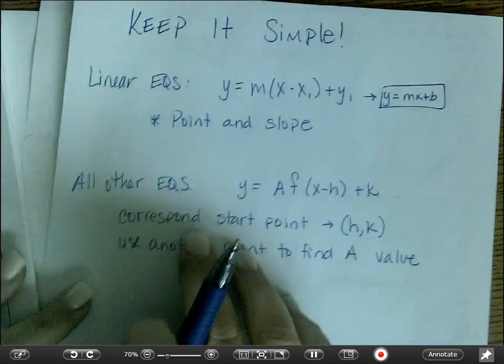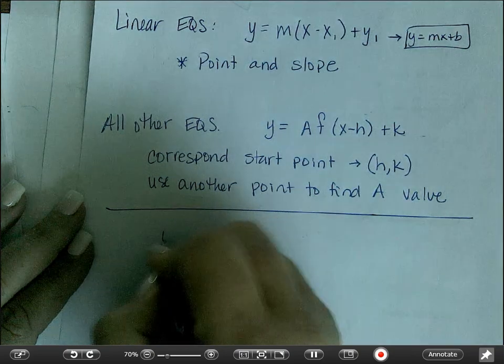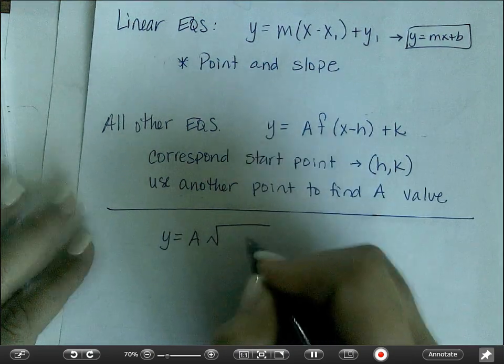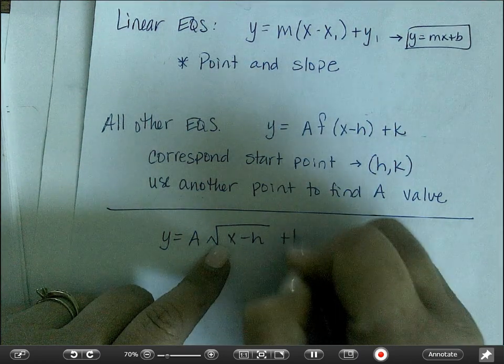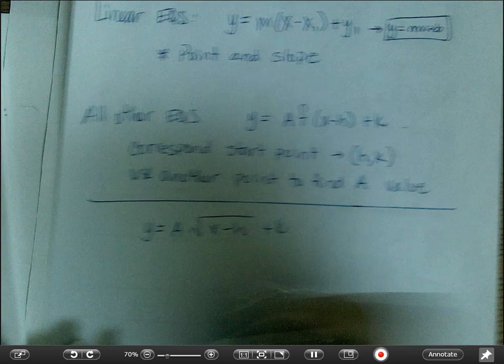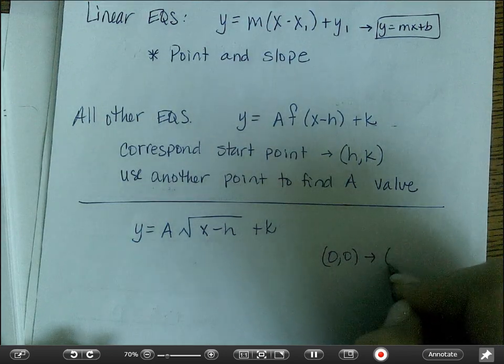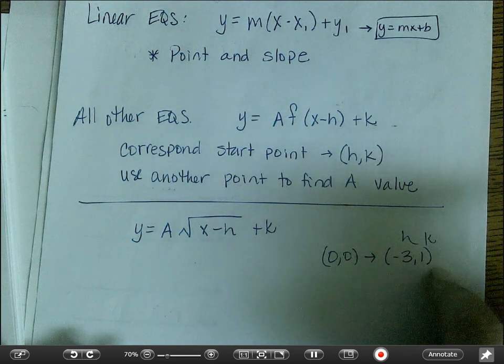So I've got y equals a, the radical function, x minus h, plus k. My point 0, 0 corresponds to negative 3, 1, which is my h and my k.